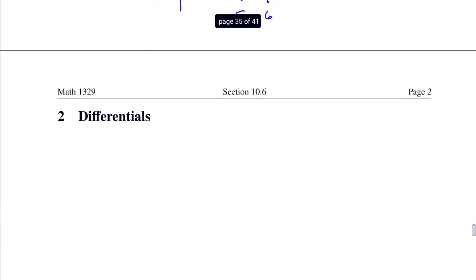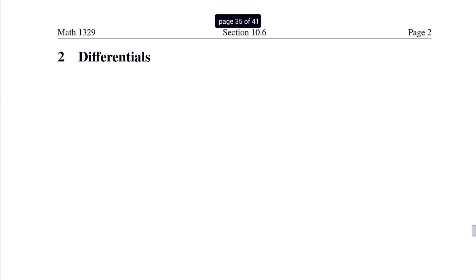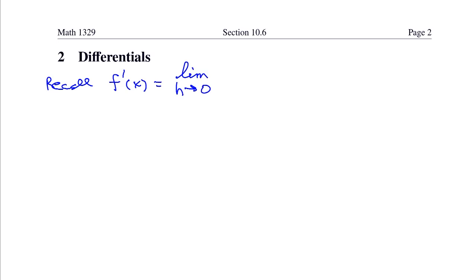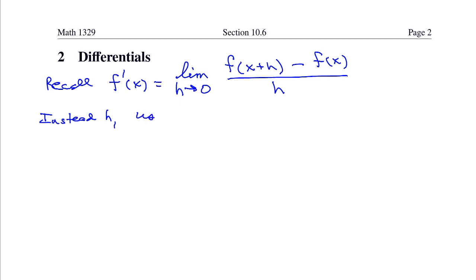All right, one of the applications of increments is to find what we call the differential. So recall the formula for derivative. The formula for derivative, the long way, is the limit as h goes to 0 of f of x plus h minus f of x over h. And as previously mentioned, instead of h, let's use the increment, delta x, and reformulate this formula.